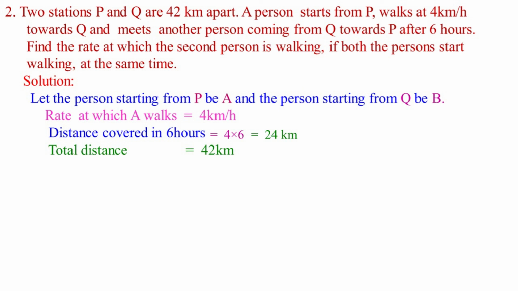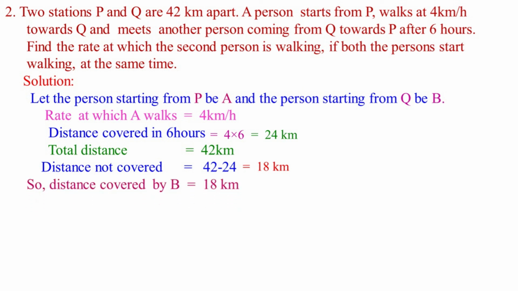So A's distance is 24, what will be the distance of B? You have to subtract from the total. So the distance not covered by A is 42 minus 24, which is 18 km. The distance covered by B is 18 km.